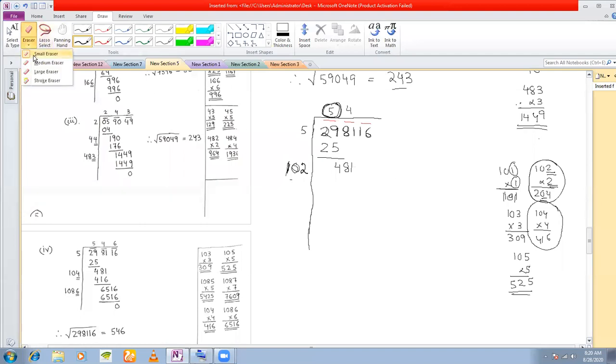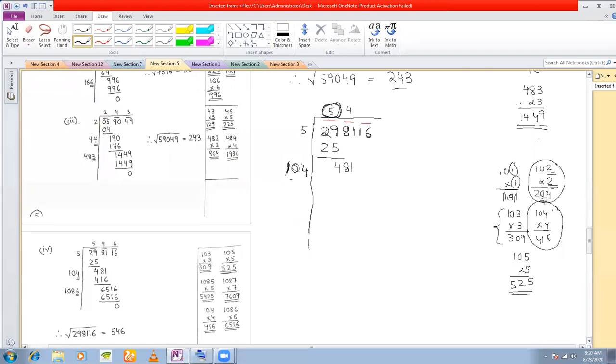So now we try the digit 3. You multiply 103 into 3. So you get 309, which is again way less than 481. So we try the next digit, 4.